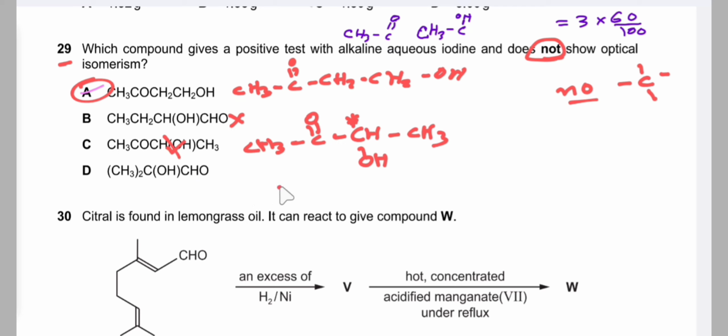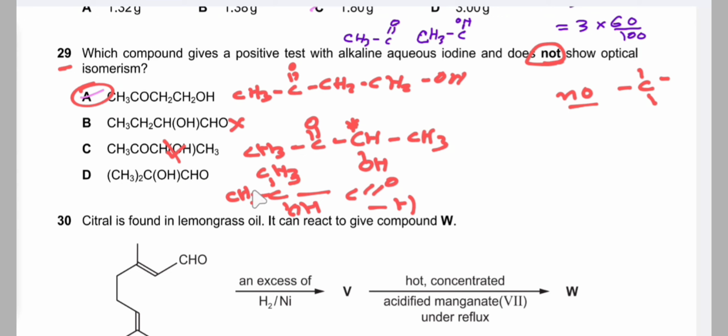Then for option D, here we can see CH3, then CH3, then OH, then COH group is present. For a positive test with alkaline aqueous iodine, this has to be a methyl ketone or a methyl hydroxyl group.